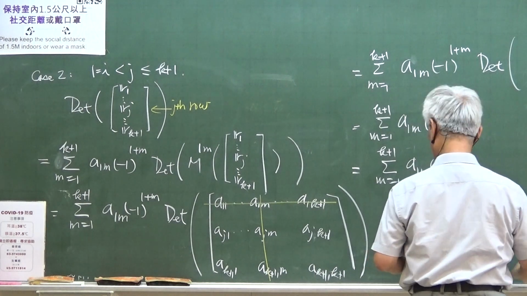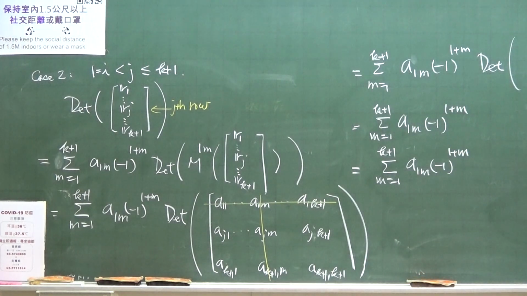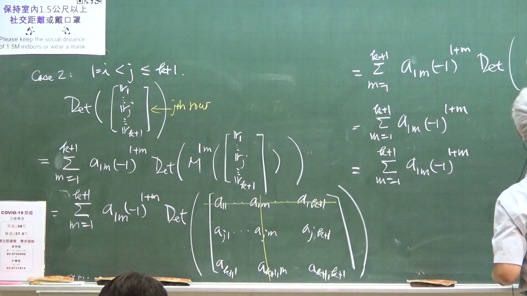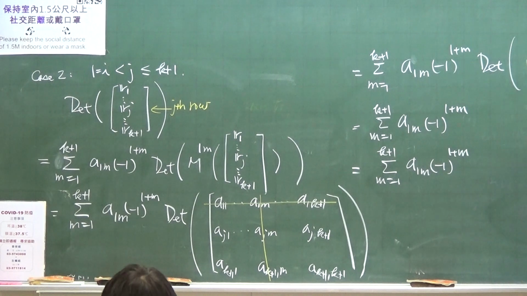Okay, so now we expand the determinant by this row. So this one is the j-th row in this matrix.